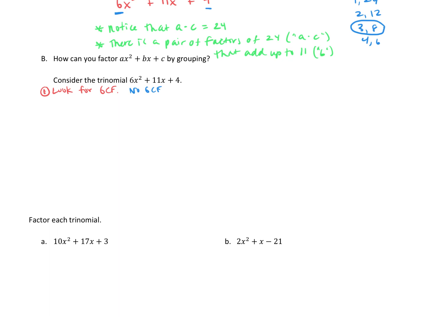So step 2. If a does not equal 1, our a value is equal to 6. It does not equal 1. Find factors of a times c that add up to b.